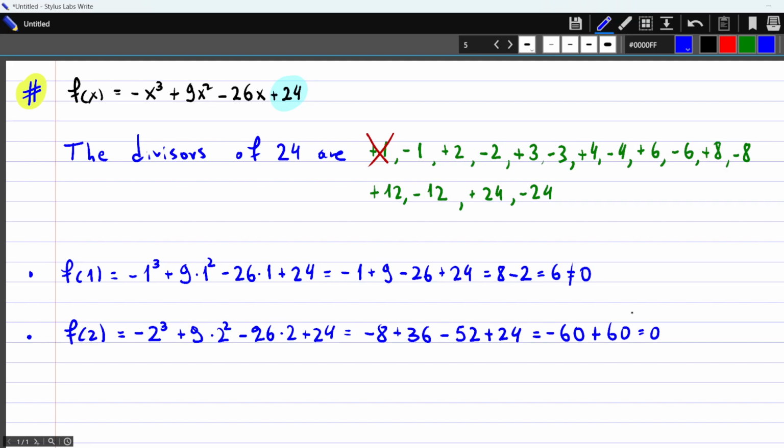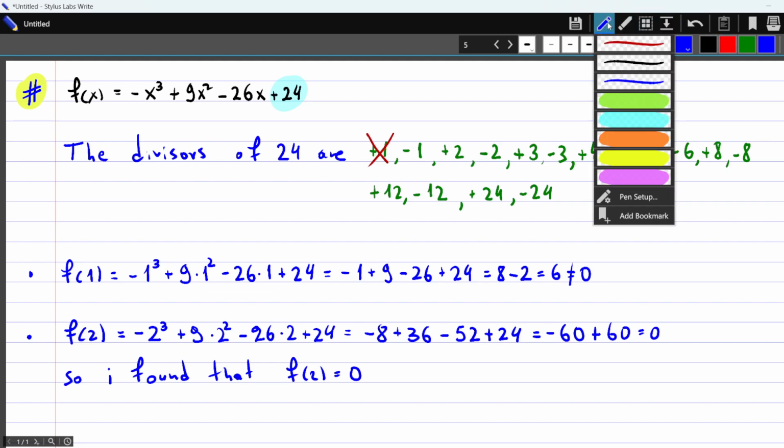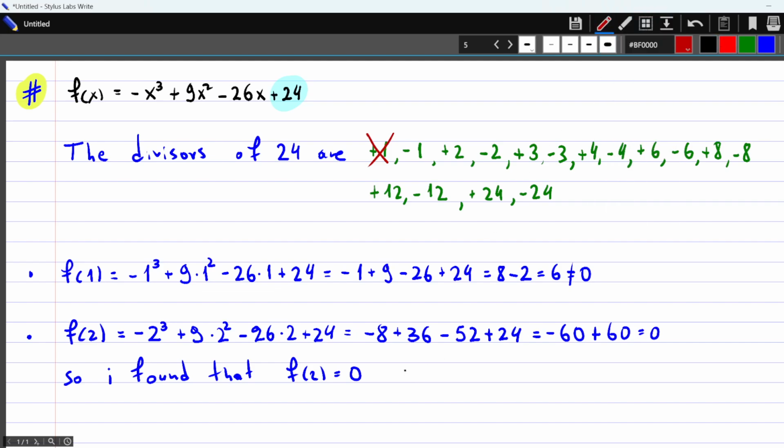So, what does this mean? That f of 2 equals 0. So I found that f of 2 equals 0, meaning that x1 equals 2 is a root.